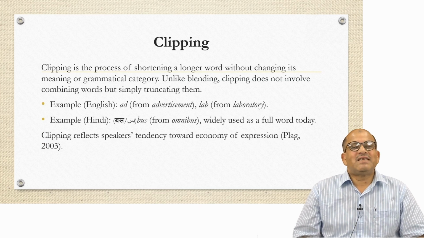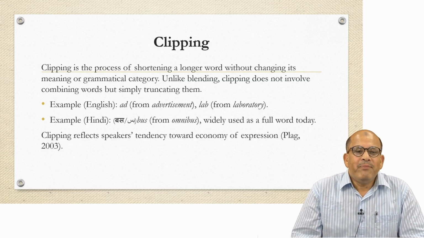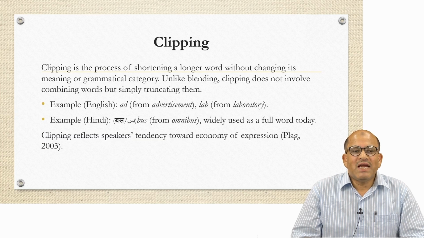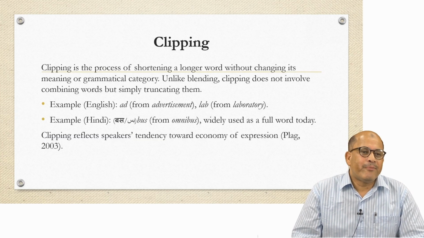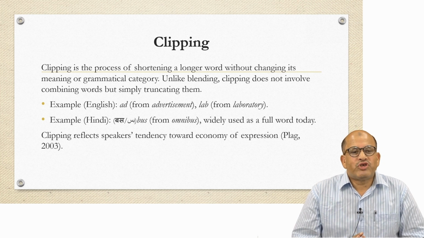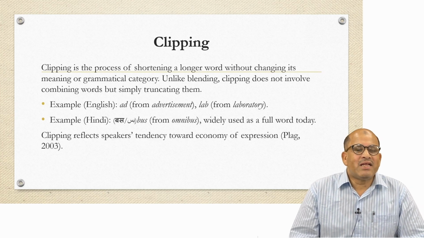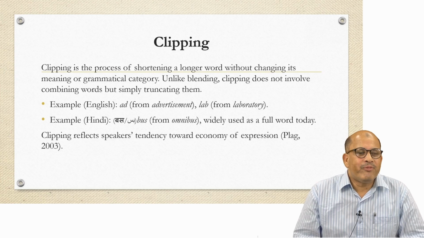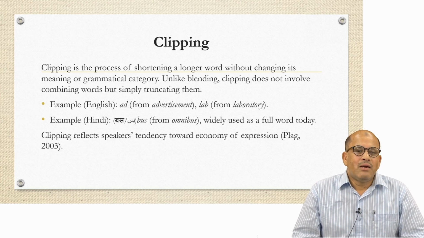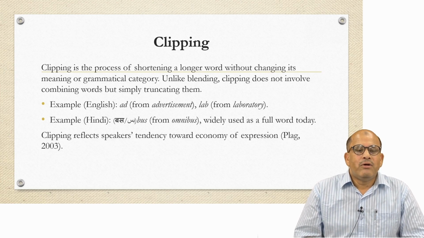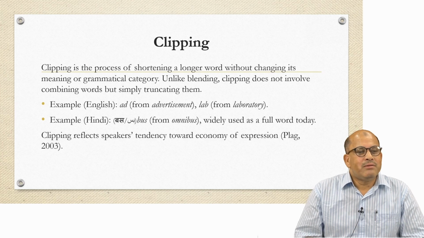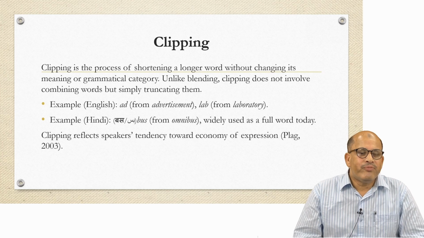The next in the series is clipping. Clipping is the process of shortening a longer word without changing its meaning or grammatical category. Unlike blending, clipping does not involve combining words but simply truncating them, shortening them. For example, in English, ad is used for advertisement, and lab is used for laboratory, very commonly used examples.